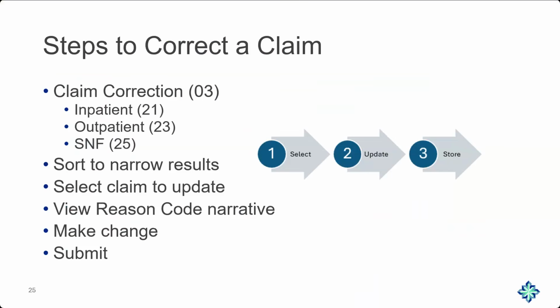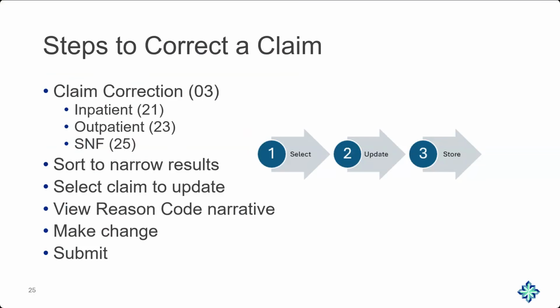Now, this slide shows you just the steps to take to correct a claim. You'll navigate to 03 Claims Correction from that DDE main menu, and then you'll select the submenu based on your facility type and the type of claim. So 21 for inpatient, 23 for outpatient, and 25 for skilled nursing facilities.